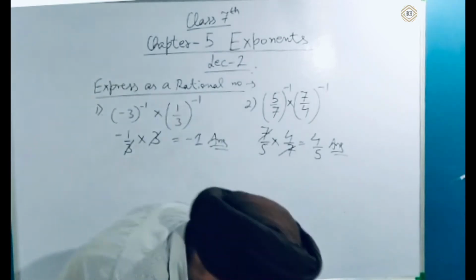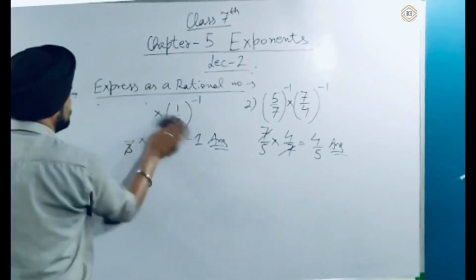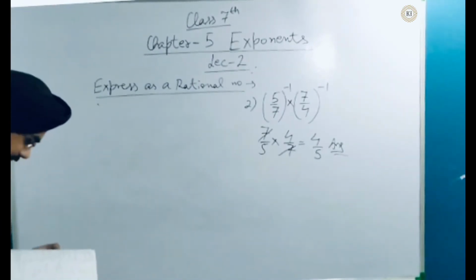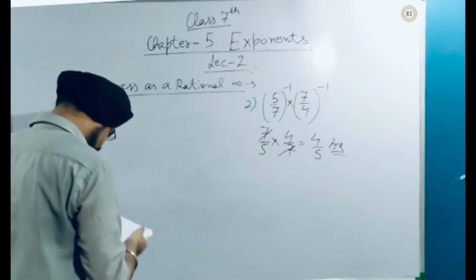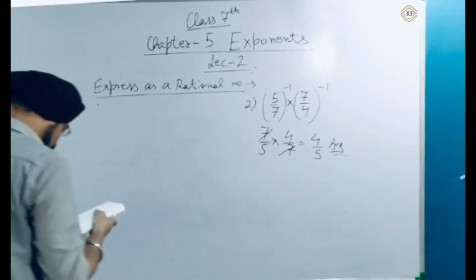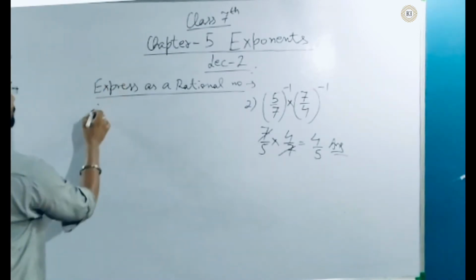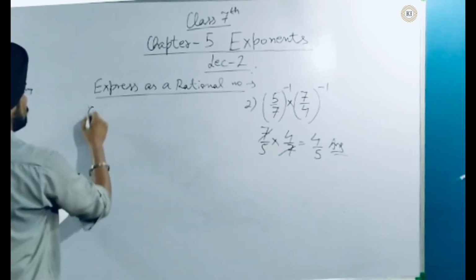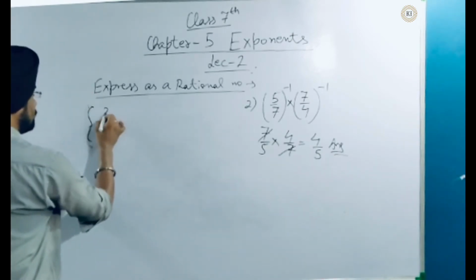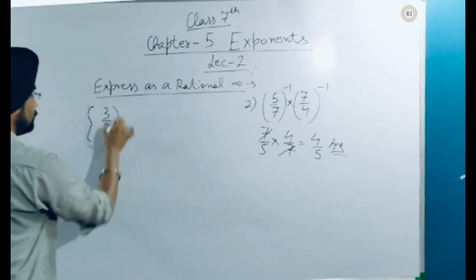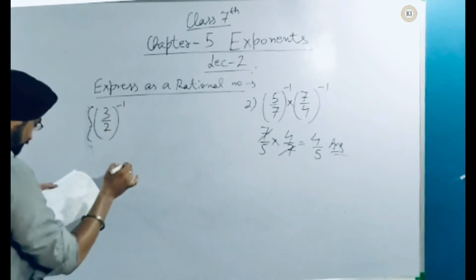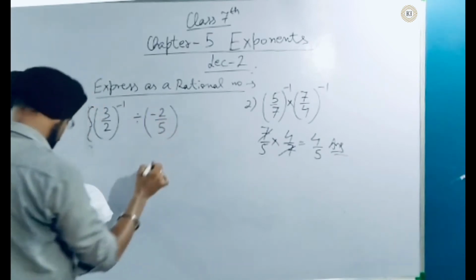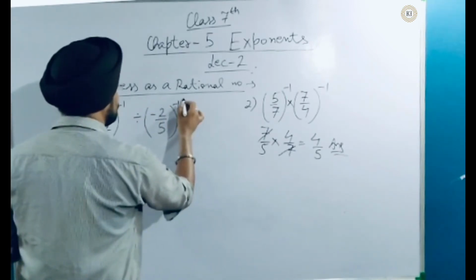Now see next question after this. Next question is given as 3 by 2 to the power of minus 1 divided by minus 2 by 5 to the power of minus 1.